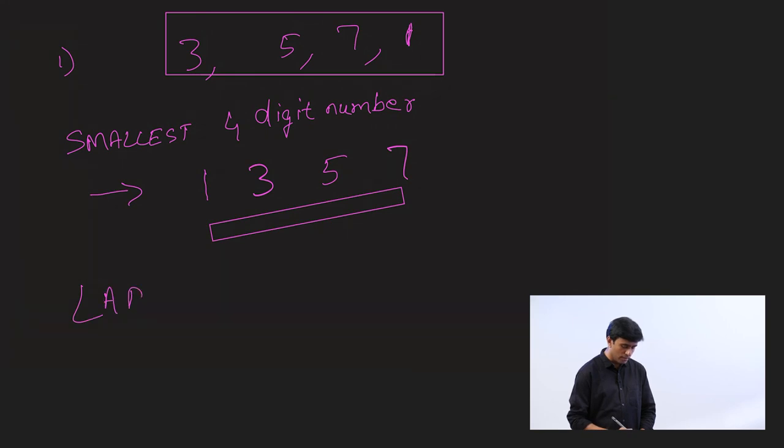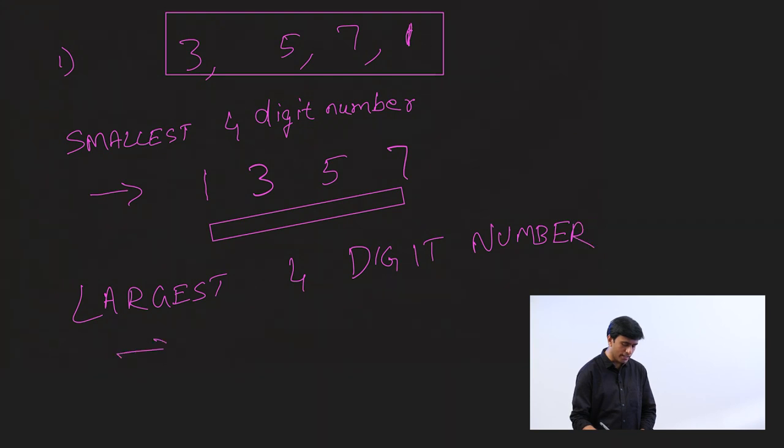How do you do the largest 4-digit number? The largest 4-digit number. You can take a guess. That's right. To find the largest number, you have to put the digits in descending order.